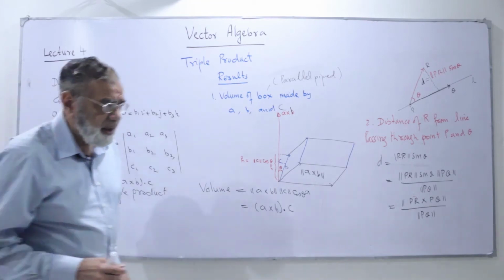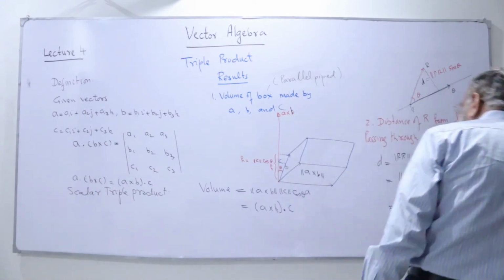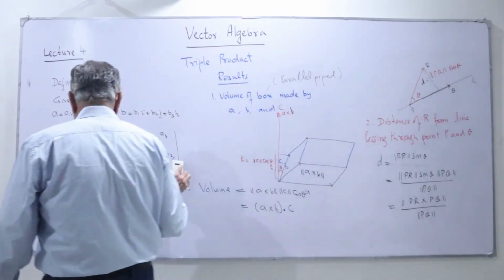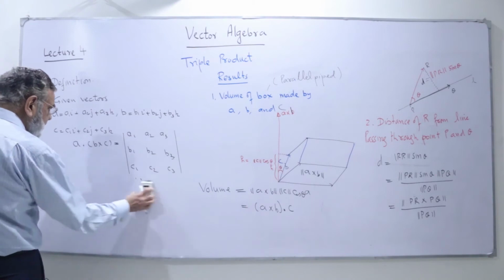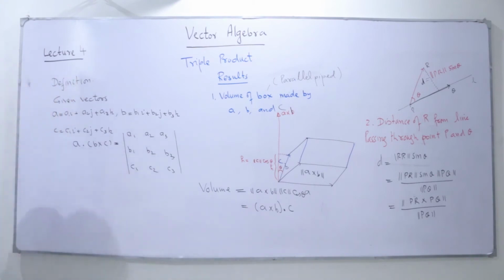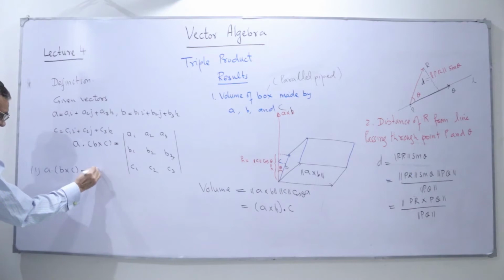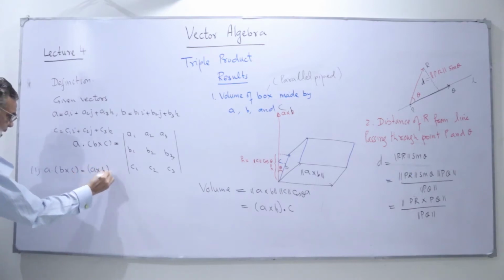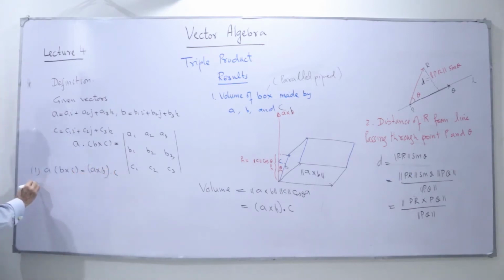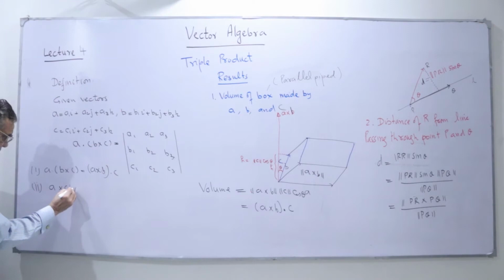With the help of this, I would like to give you some examples. And before that, we're having some properties. I just want to mention that here. Number one, we can write A dot B cross C is equal to A cross B dot C, same. Number two, we can define A cross B cross C as the vector triple product.